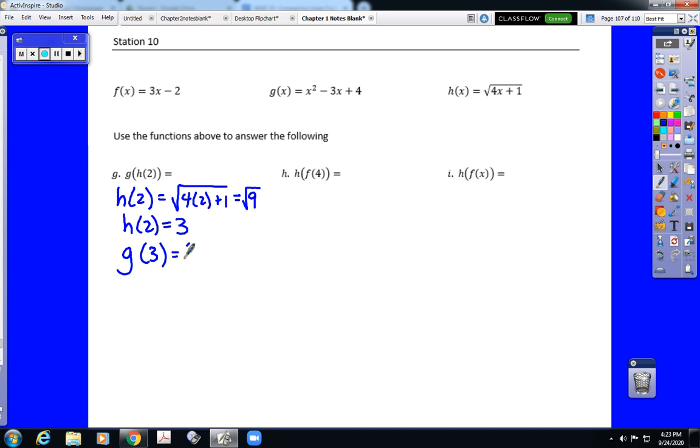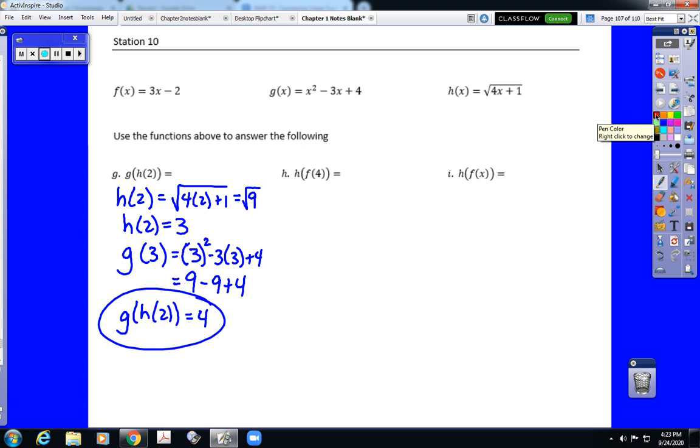So we'd be doing g of 3, which is 3 squared minus 3 times 3 plus 4. That would be 9 minus 9 plus 4, which means g of h of 2 equals 4.